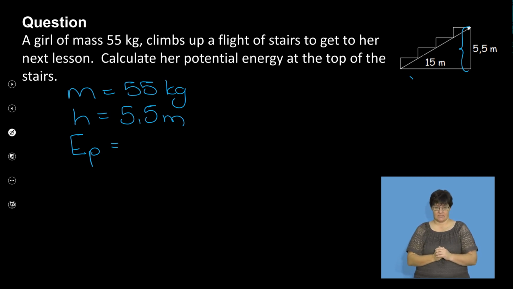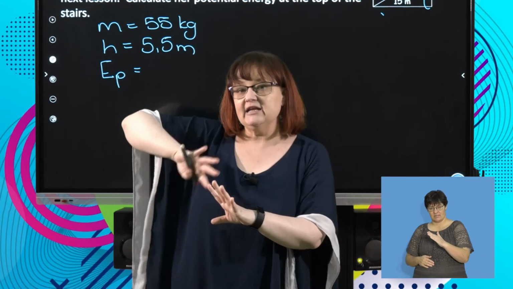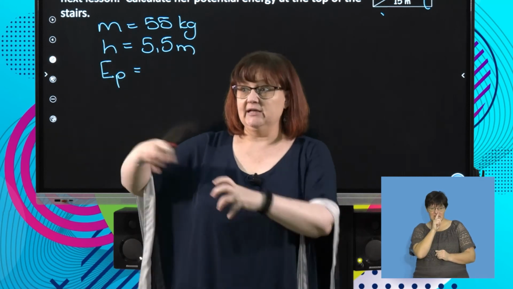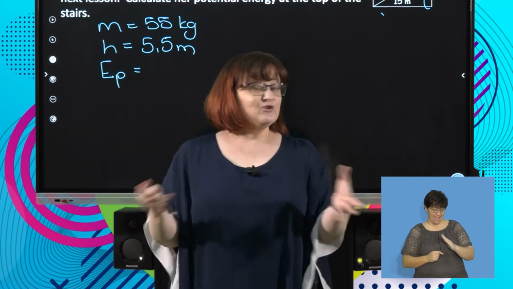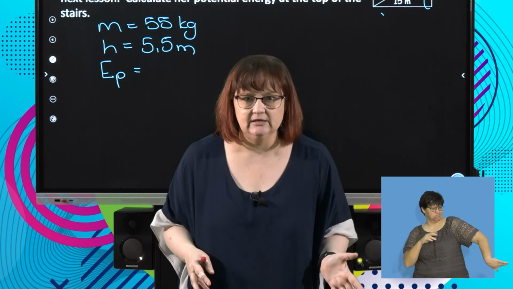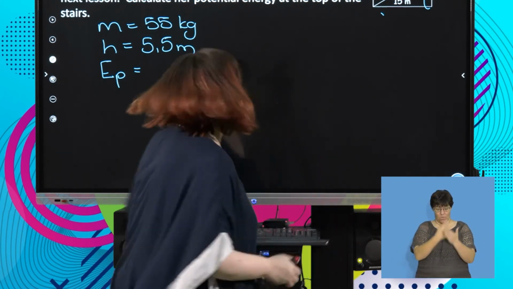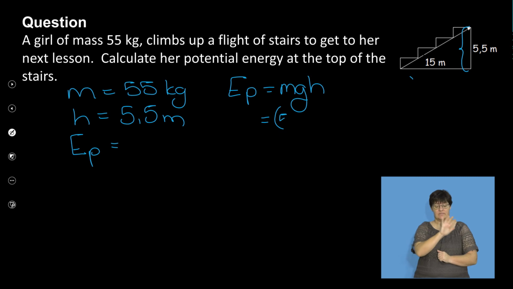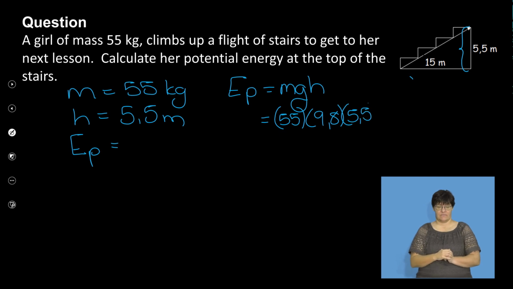The distance, at 15 meters, we're going to consider later on in your curriculum, and we're going to look at what happens to energy because of that. But for now, we're not interested in that. We just want the vertical height. So, potential energy, mass times gravity times height: 55 times 9.8 times 5.5.